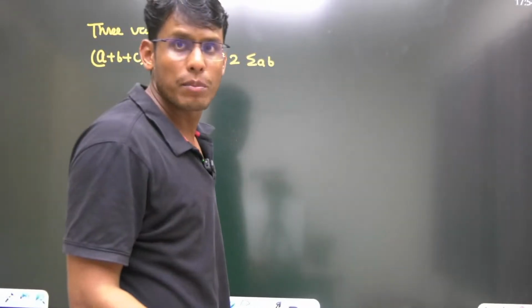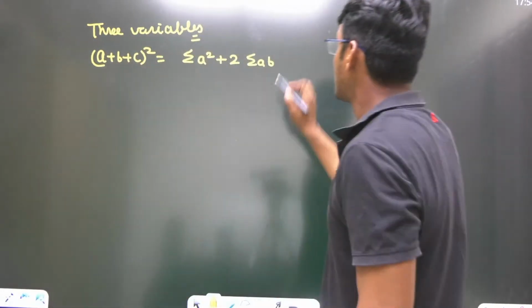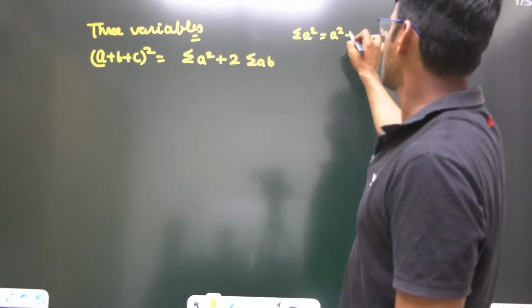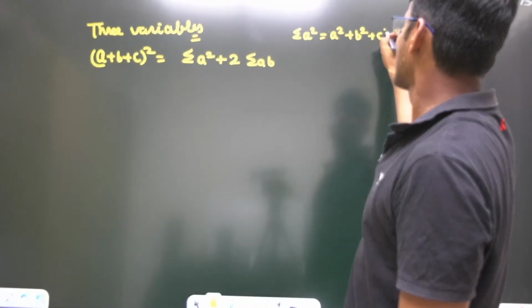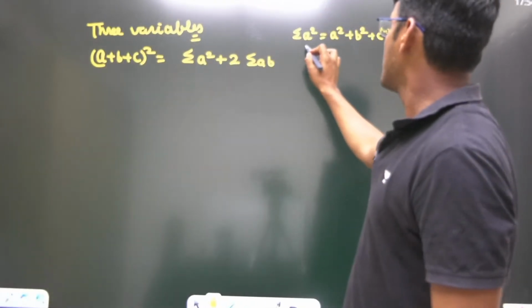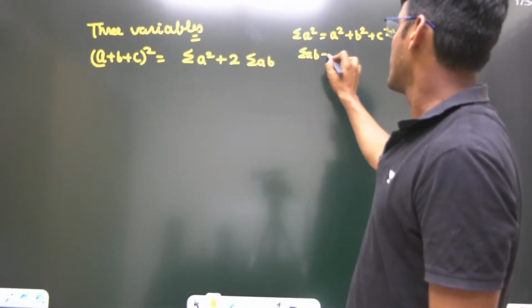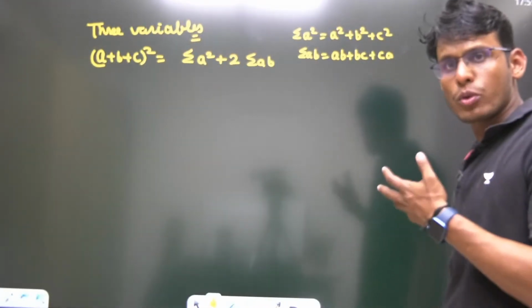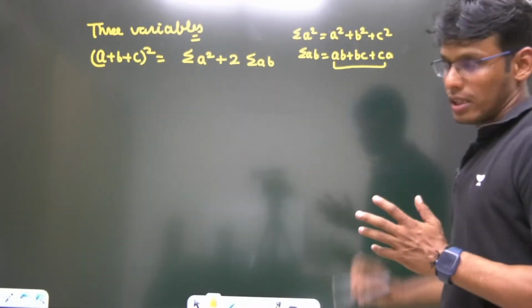Sigma A square means, since you have three variables here, A square plus B square plus C square. Sigma AB means AB plus BC plus CA. Whatever combination of two variables you can make, you just write here.